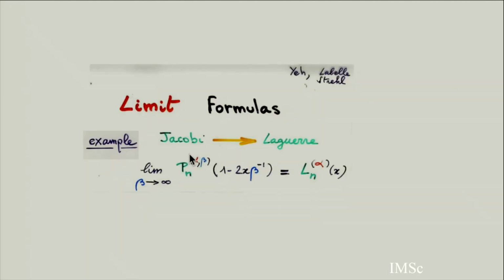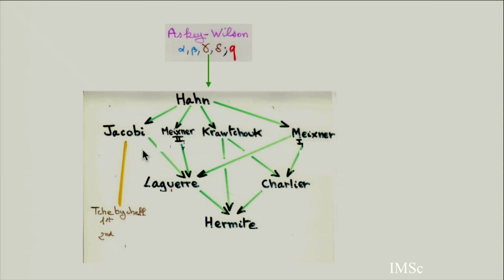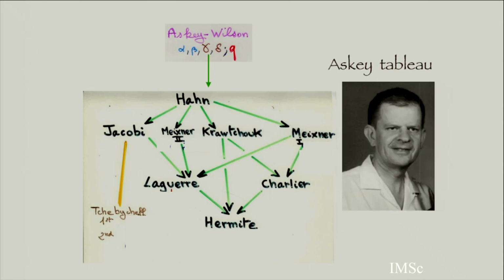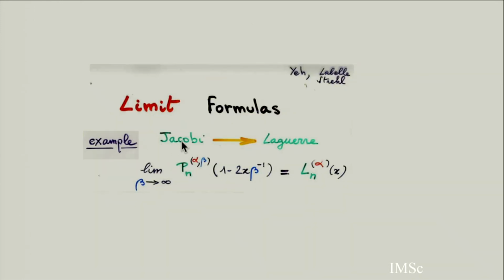For example, if you take the Jacobi polynomials, which are here, they depend on 2 parameters, alpha, beta. If you take these Jacobi polynomials, replace the variable by this, and take the limit when one of the parameters goes to infinity, then you get the Laguerre polynomials.